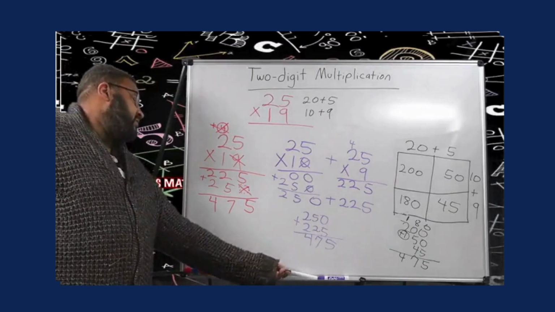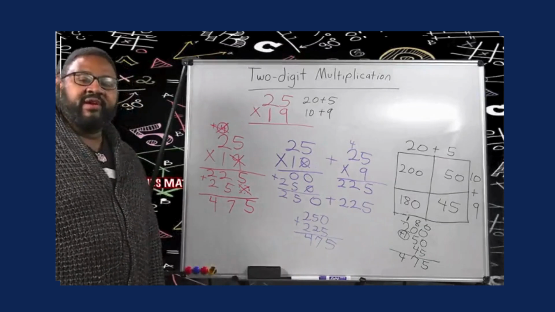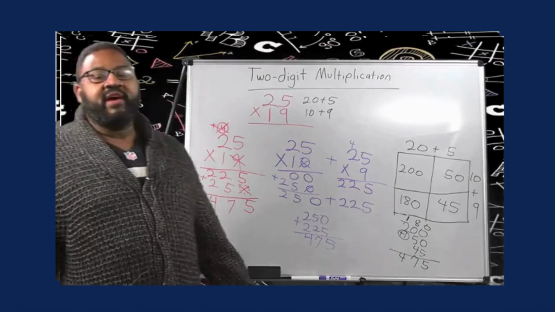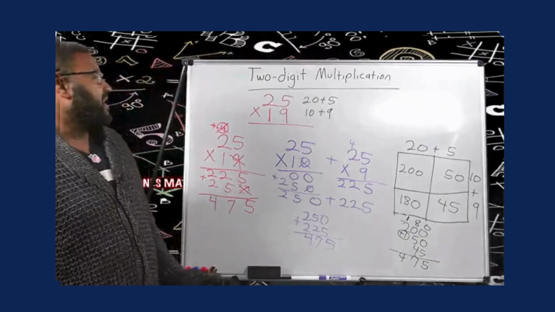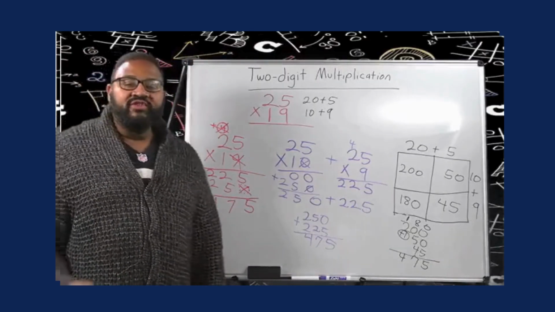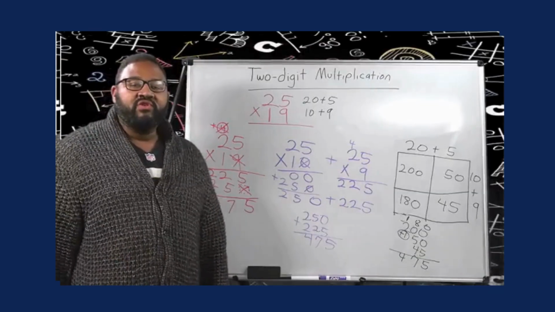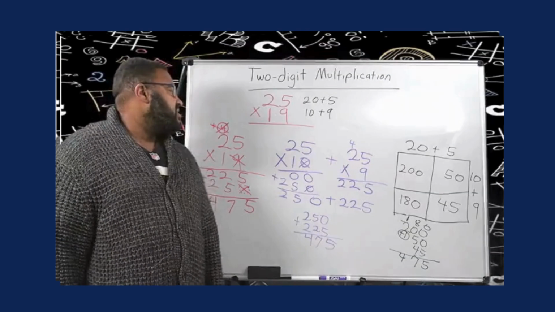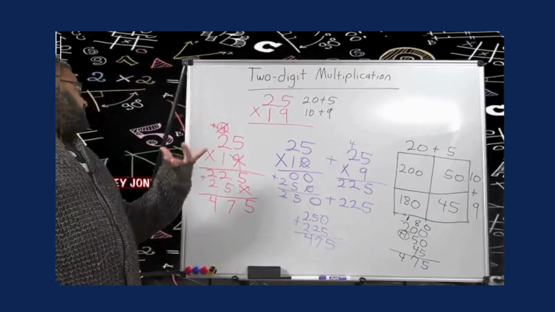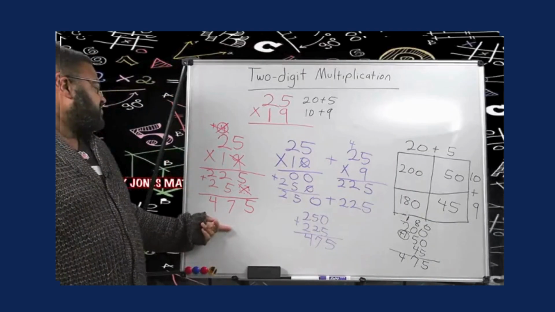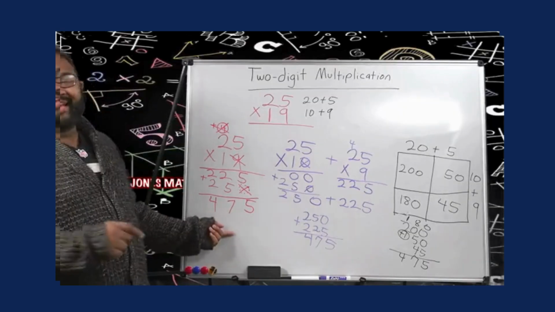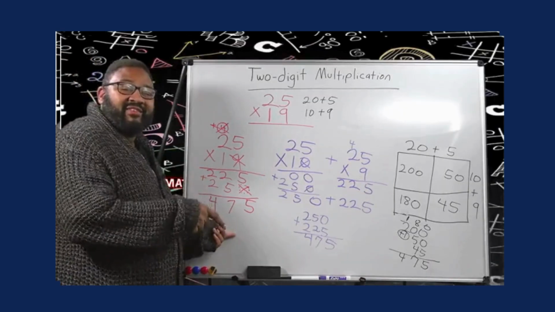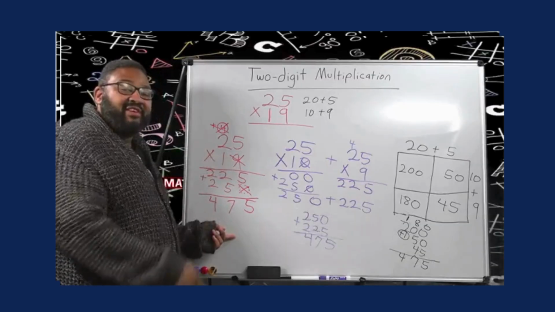Hey, it works, folks. If you can't tell what I'm doing right now, all I'm doing is multiplying, showing you 3 ways to do 2-digit multiplication. I call this first one Daddy's way. Why do I call it Daddy's way? Because this is the way my daddy taught me, this is the way his daddy taught him, and this is the way his daddy taught him.